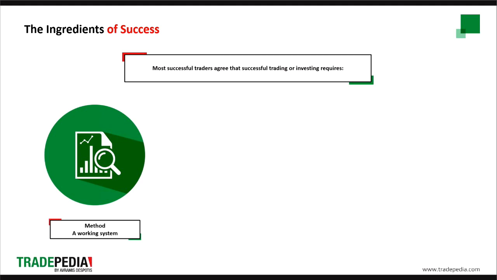And the reason is so you can evaluate this method. If I'm buying because one technical indicator gave me a buy signal, and then I'm selling because one economic release came out and it was worse than expected, and then I'm buying because I had a dream that this share is going to go up, at the end of the month I'm not going to be able to evaluate properly which method is working and which method is not.